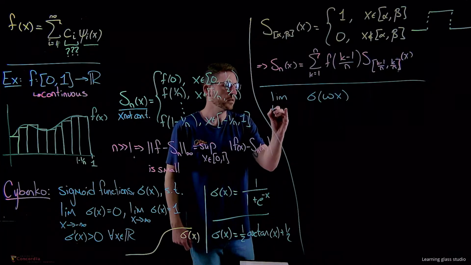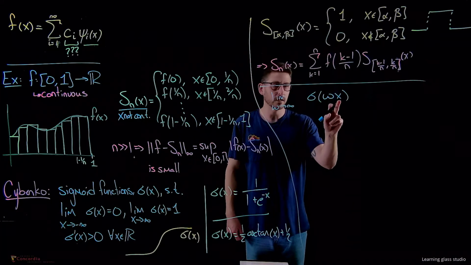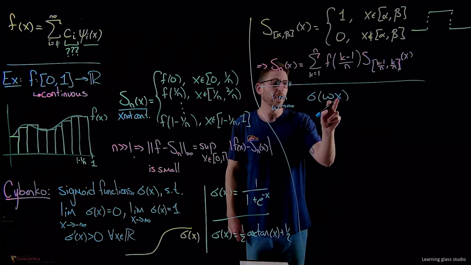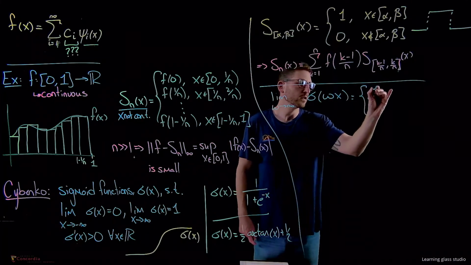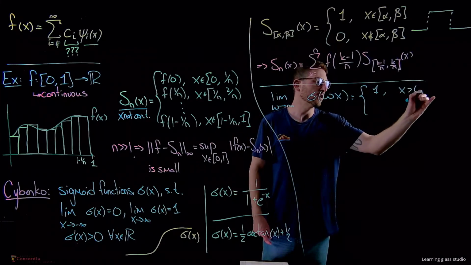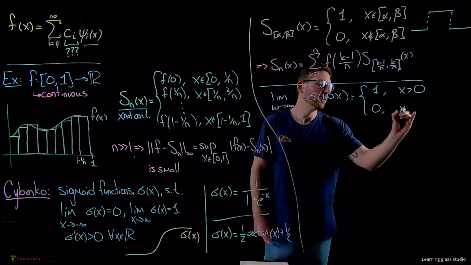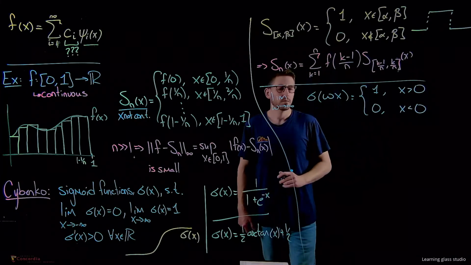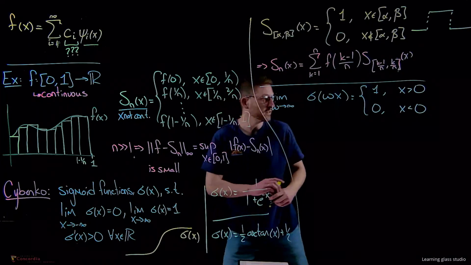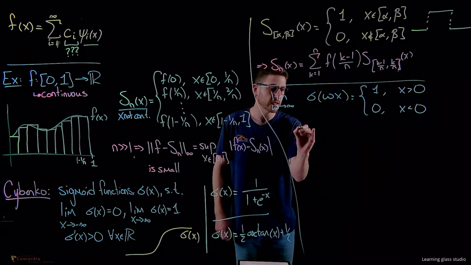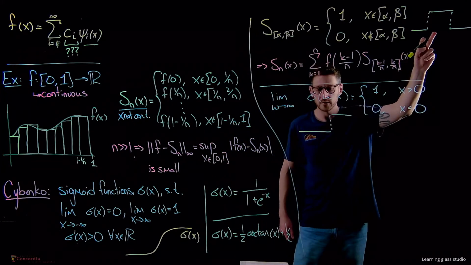The limit as w goes to infinity of this thing: if x is positive, it's getting taken to 1. So this is for all x bigger than 0. And if x is negative, it's going back to 0. But think about what this thing is now. This is a Heaviside function. It's a single step. It's half the top hat.